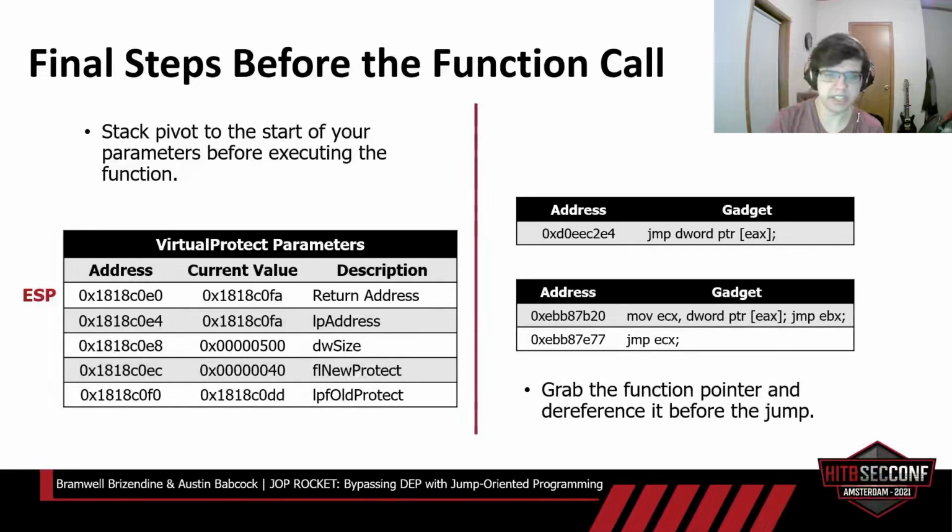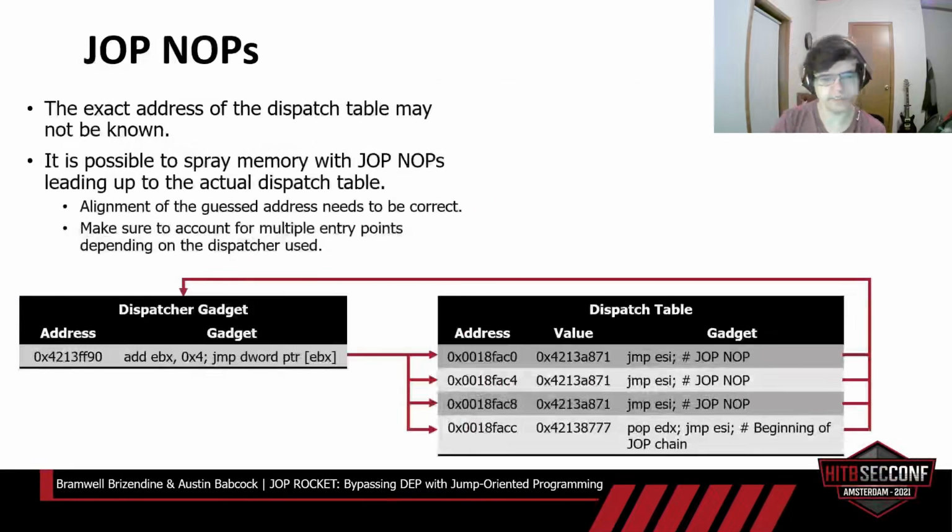dword pointer EAX. One last thing before we go into our demo is we might not always know, when we're setting up our JOP exploit, where exactly the dispatch table is going to be. So if we don't know the exact location, but we have a pretty good idea, we can kind of guess the location, and we're going to use JOP NOPs in order to pad out the dispatch table.